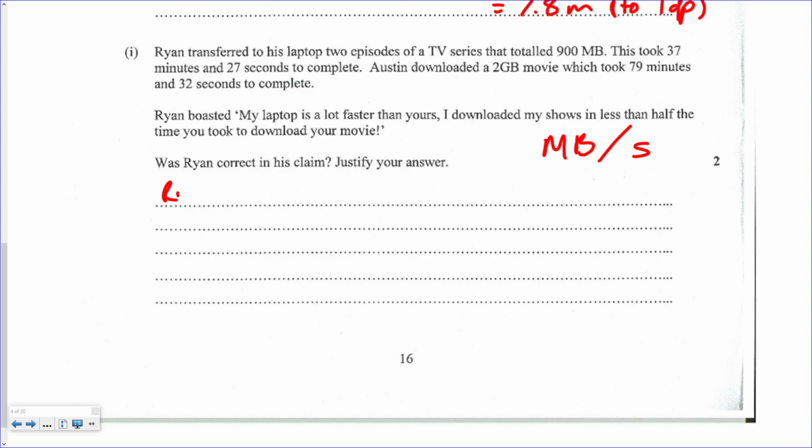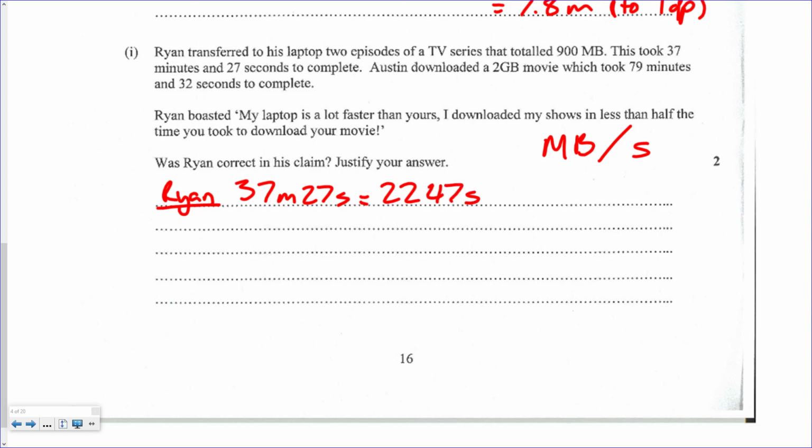So looking at Ryan, it took him 37 minutes and 27 seconds. So we want to find how many seconds that is in total. We'll do 37 times 60, and then add that 27. So it gives me 2,247 seconds.